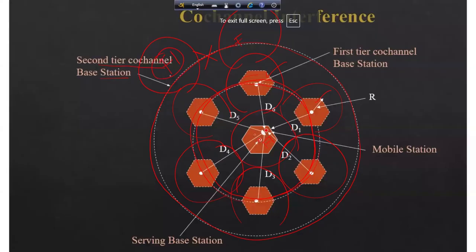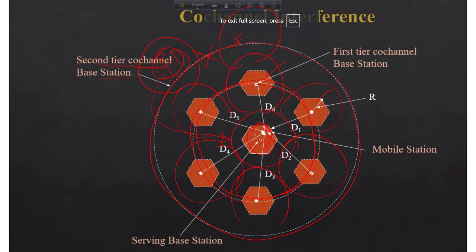There are also cells which are using F1, but we are not counting them, because from this cell to this cell the distance is very high, and this cell cannot create any interference for this cell.